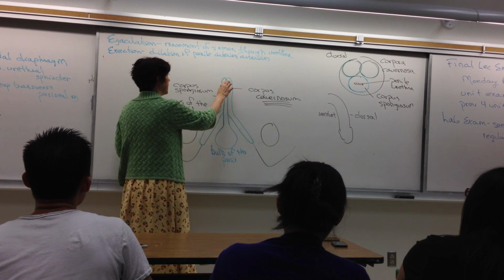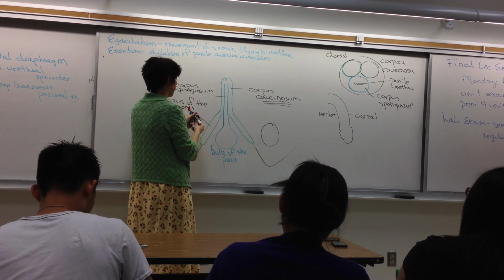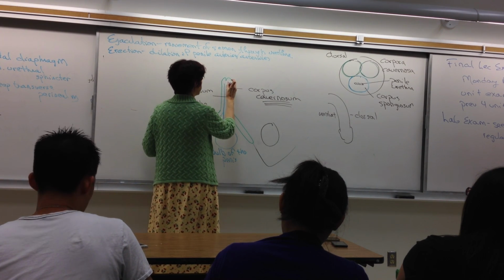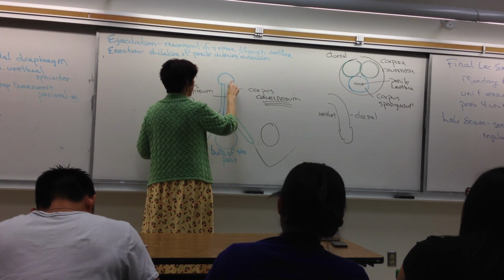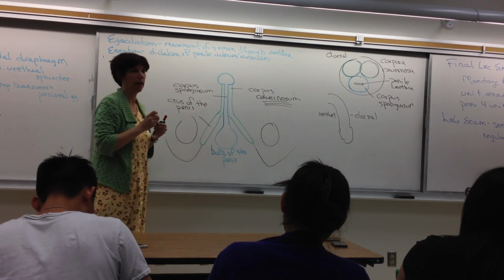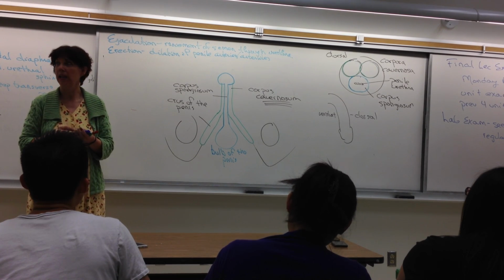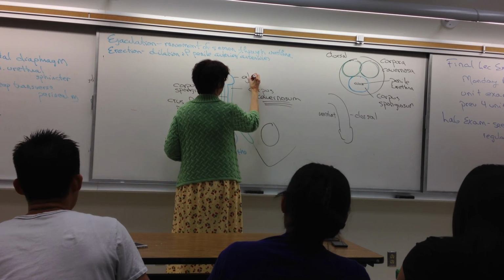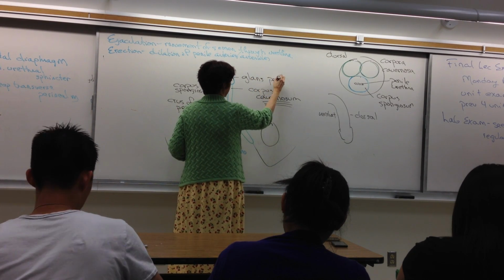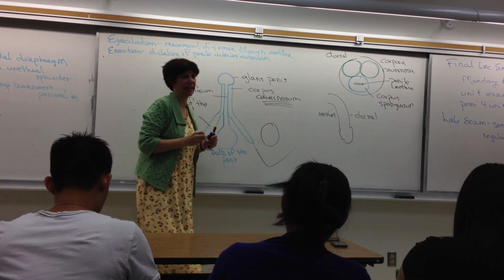At the tip of the penis, the corpus spongiosum expands and forms a mushroom-like cap that covers up the tip of the corpora cavernosa. And this is what you know as the glans penis. A very sensitive area, and it contains the opening of the urethra.